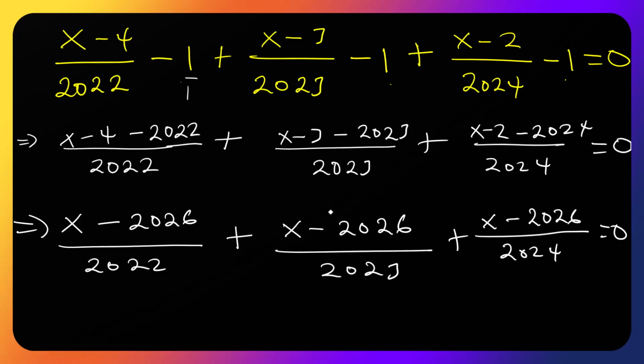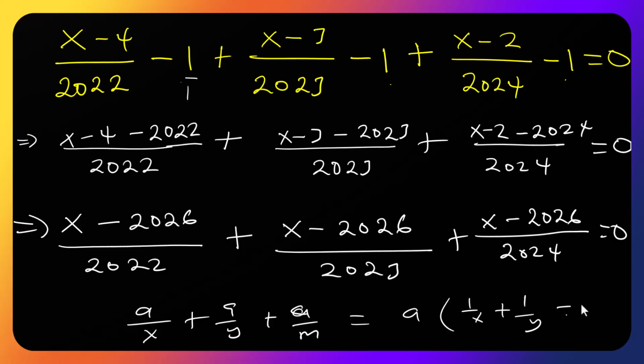From here, we can take the numerator out. Let's observe the numerator. So we have x minus 2026, x minus 2026, x minus 2026. So when we have a on x plus a on y plus a on m, it's the same as a out, 1 on x plus 1 on y plus 1 on m.